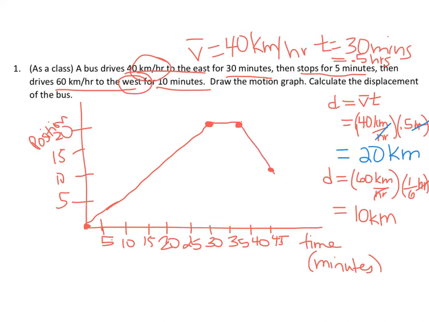I just want you to note that the 10 doesn't come from this. The 10 is going to be this distance right here. So I started 20 kilometers away, then I went another 10, so I would do 20 minus 10. I'm now 10 kilometers from where I started. So this is actually going to be my graph right here. Everything except the green is the perfect right answer.